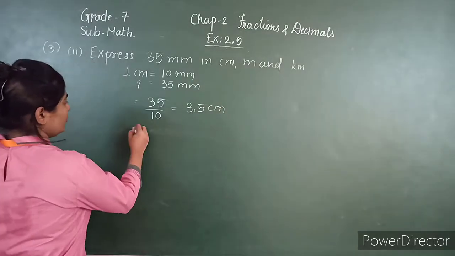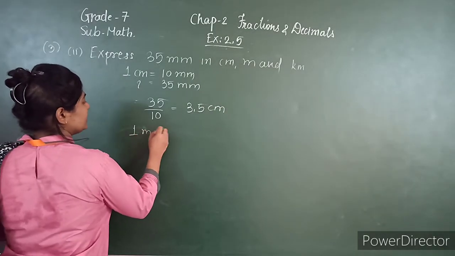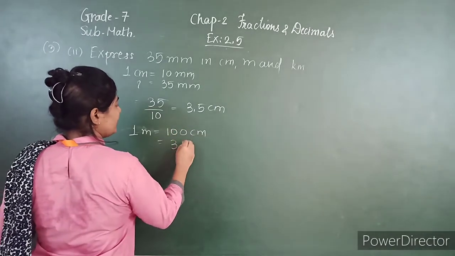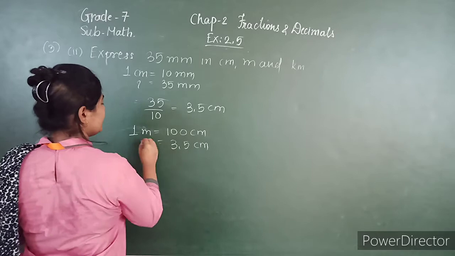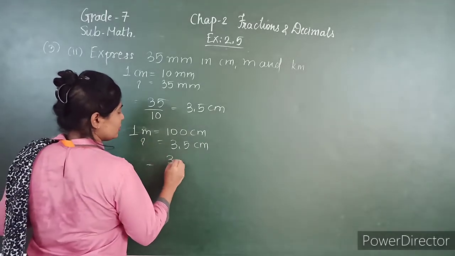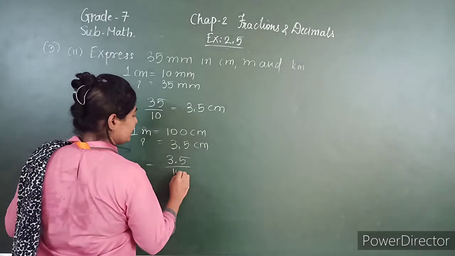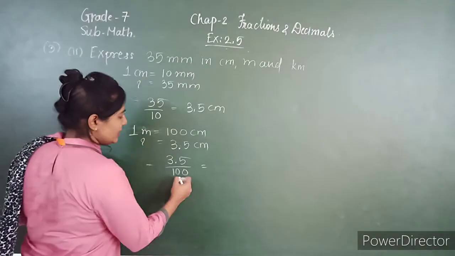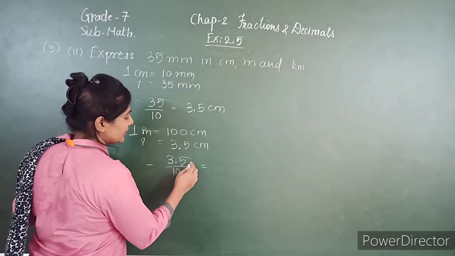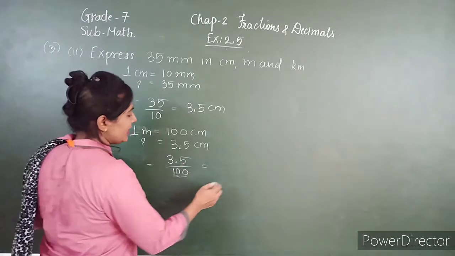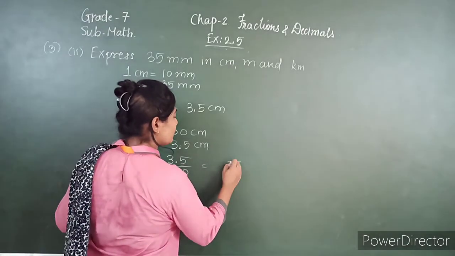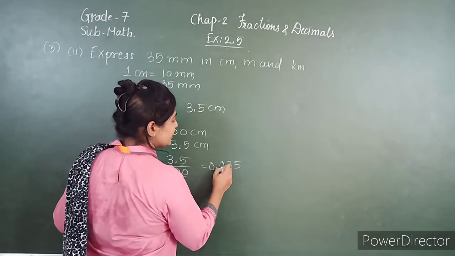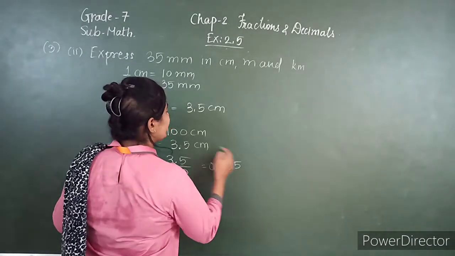Now 1 meter is equal to 100 centimeter. So 3.5 upon 100. Here we need to count 1, 2 and this 3 number. So we have to put point before 3 number. So it is 0.035 meter.